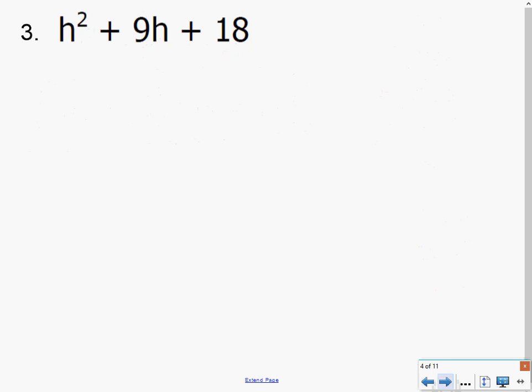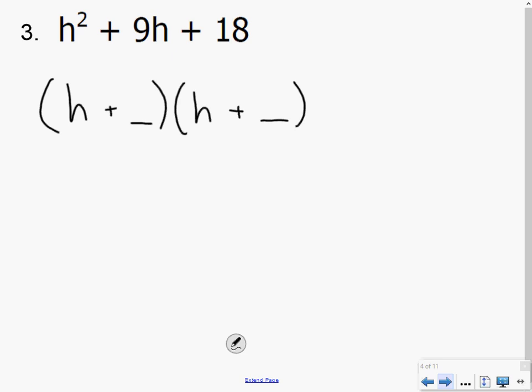Okay, I want you to pause the video and try this one on your own. All right, so here I'm going to set up my factors again. Remember, h's will go in the very beginning of each. We need to find these missing numbers. So let's make our x. We need to multiply to c and add to b.